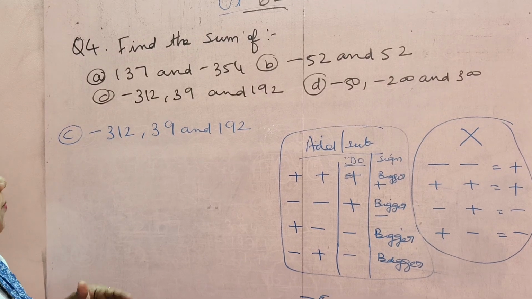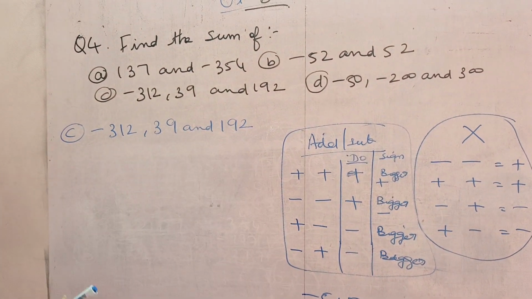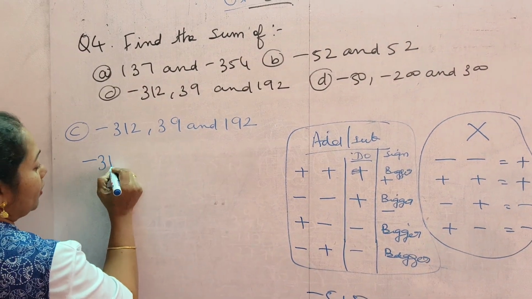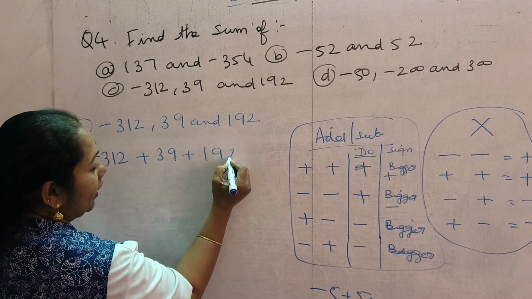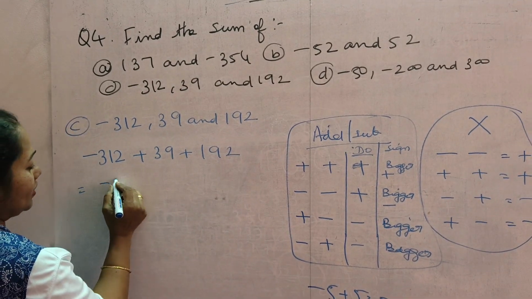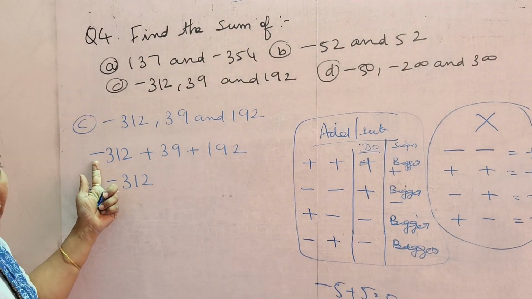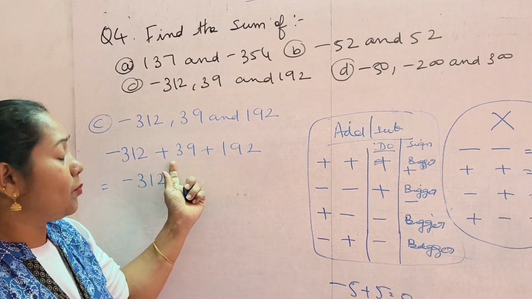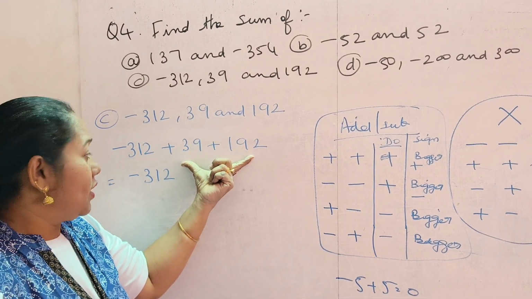Next question is minus 312 plus 39 plus 192. Since minus 312 is negative and these other two are positive, first we can complete the addition of the positives.